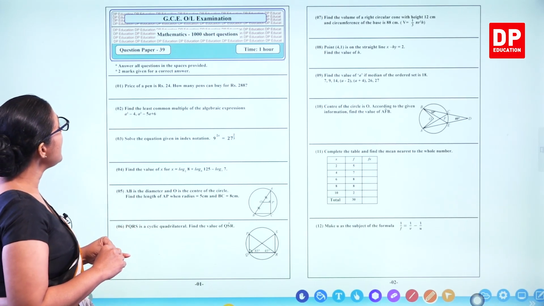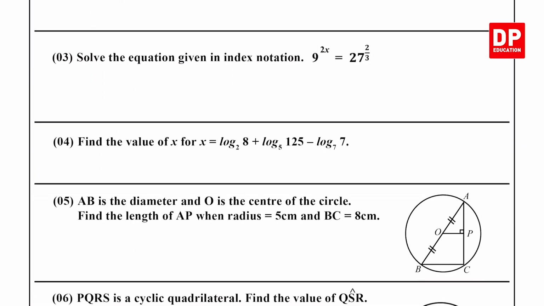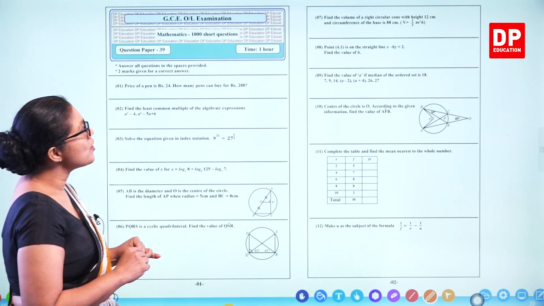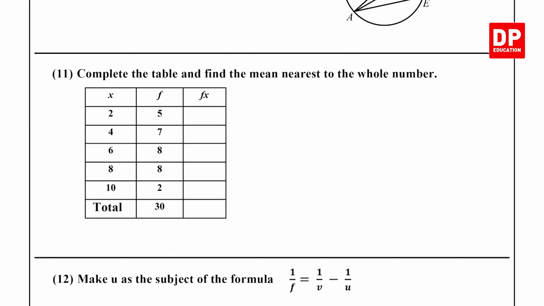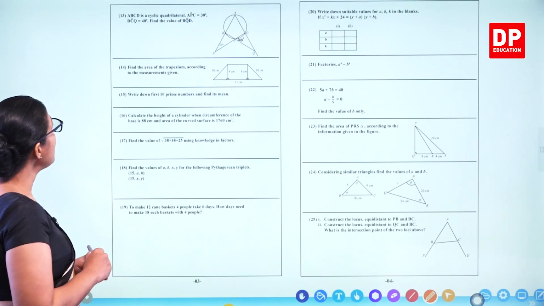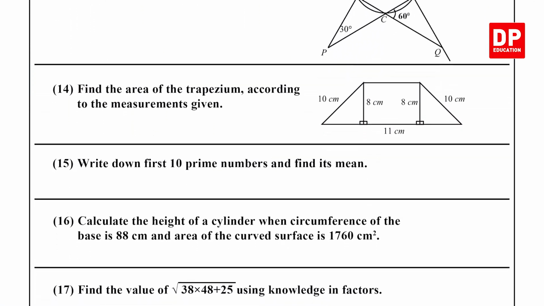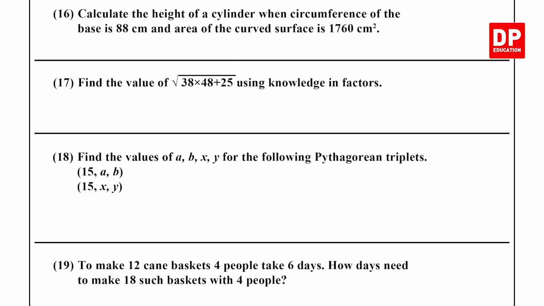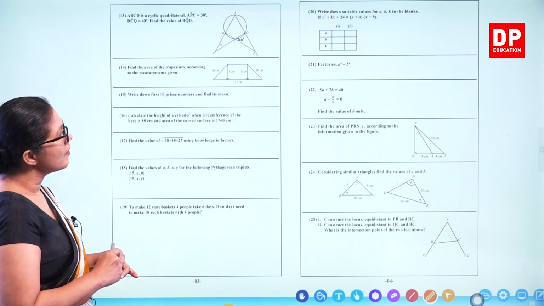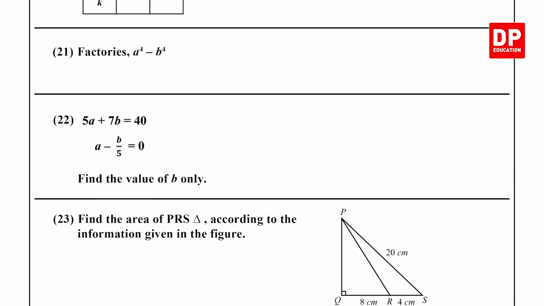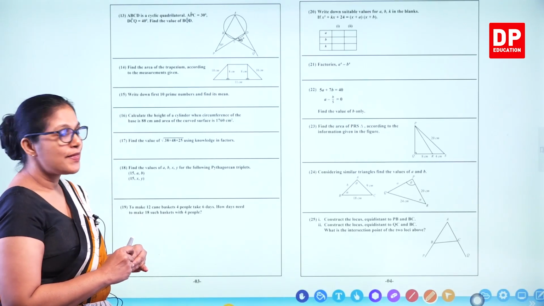On the first page you get questions 1 to 6, on page 2 questions 7 to 12, on page 3 questions 13 to 19, and on the last page you get questions 20 to 25. So let's start paper 39.